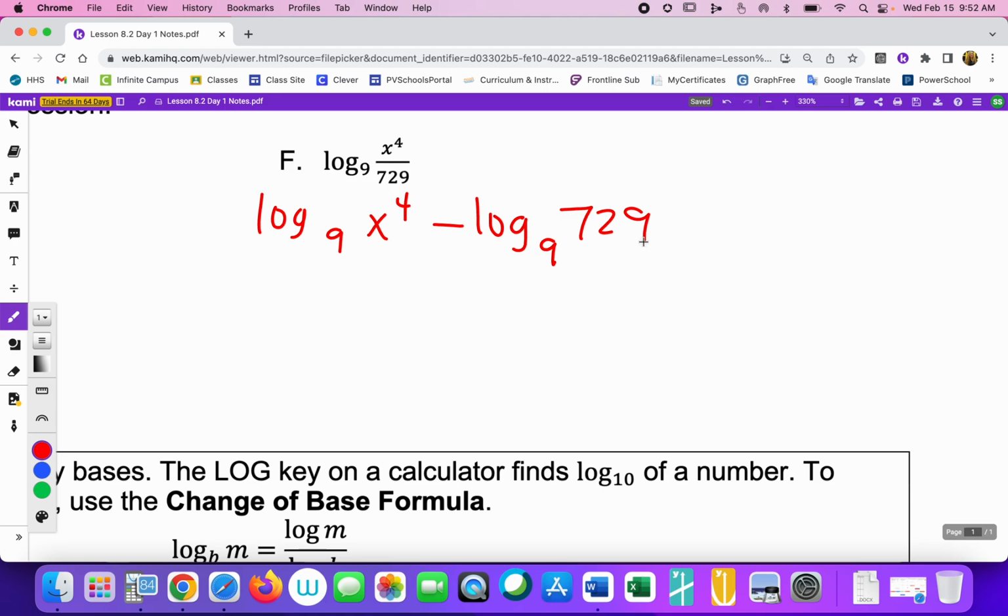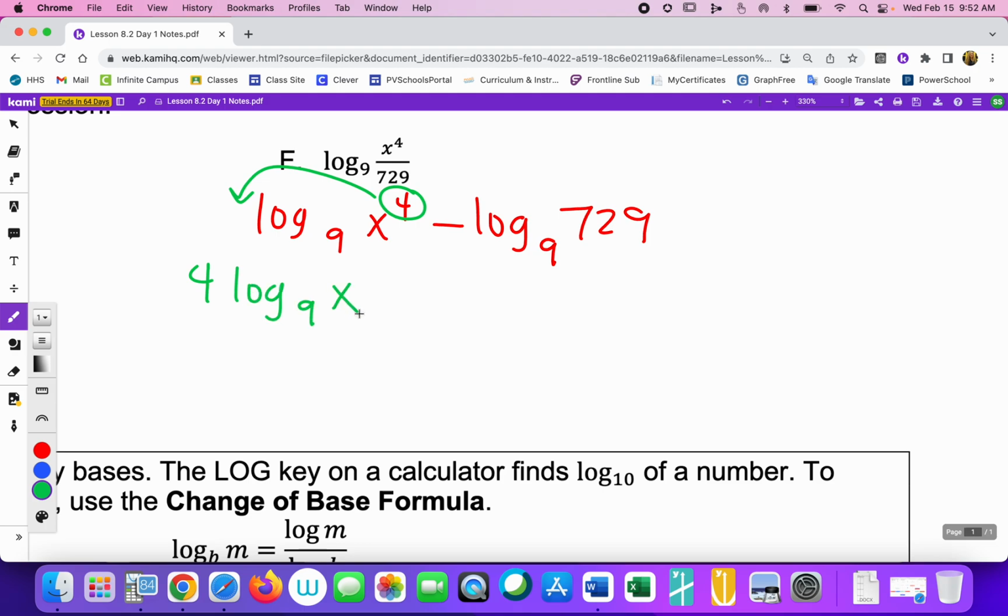All right, so starting with the first log, why are we not done? The exponent. Okay, so this is the power property to start with. The 4 is going to go in front of the log. So you're almost like taking these apart into its smallest pieces, is what you do when you're expanding. So the 4 will come down in front. Now this first one's done.